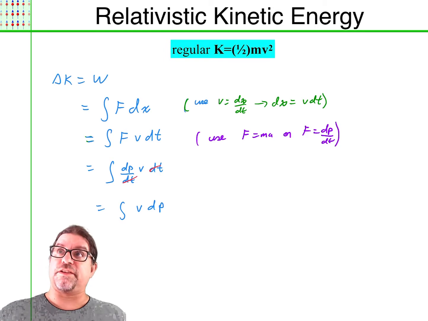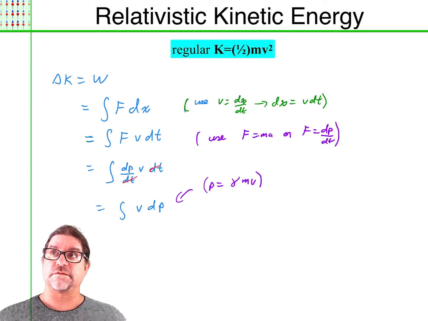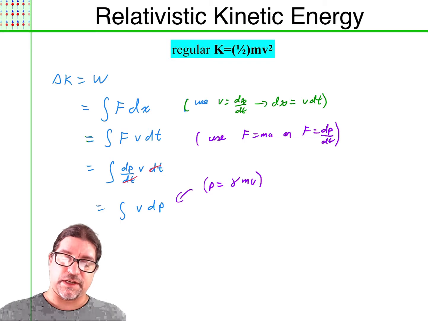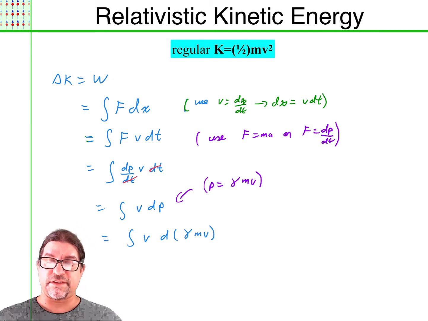Now let's use relativistic momentum, right? So we're going to use that momentum is equal to gamma mv. So this now becomes the integral of v with respect to gamma mv. So this is getting a little tricky.